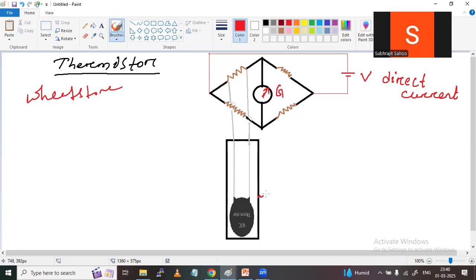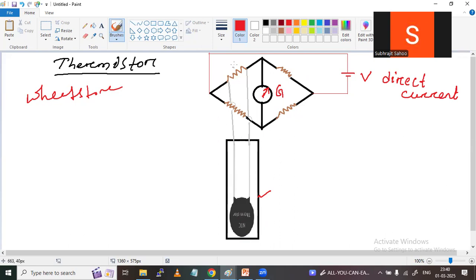I connected an NTC type, and it is kept in a tube because this wire is very thin and not so strong. It is a very small, thin wire with a disc type head, so it may break. So it should be kept inside a metallic tube. Now this is the simple construction.